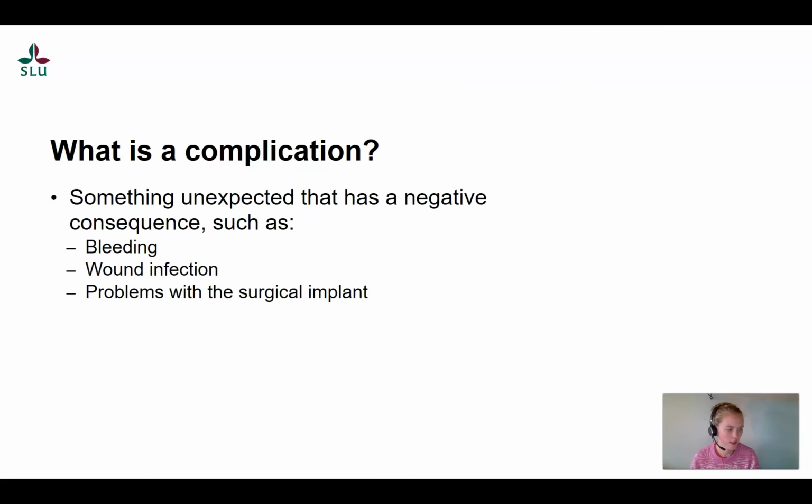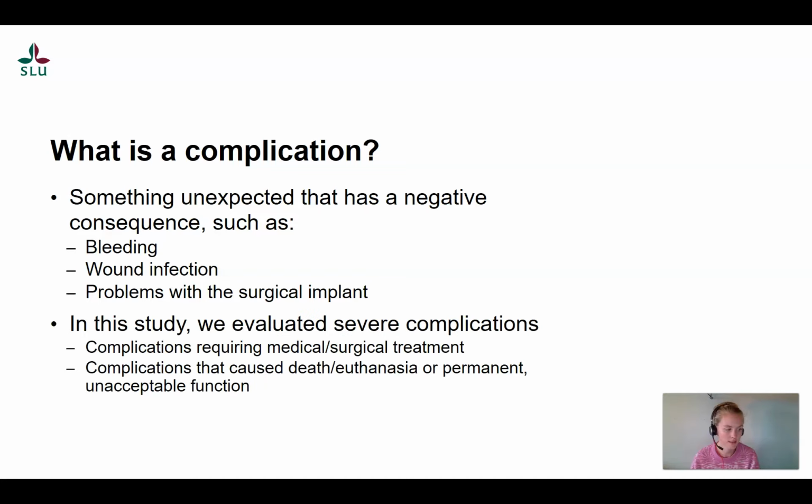What is a complication? Well, it is something unexpected that has a negative consequence, such as a bleeding, a wound infection, or problems with the surgical implant. And in this study, we wanted to evaluate severe complications, which involves complications that require medical or surgical treatment in order to resolve, or complications that caused death or euthanasia or permanent unacceptable function.